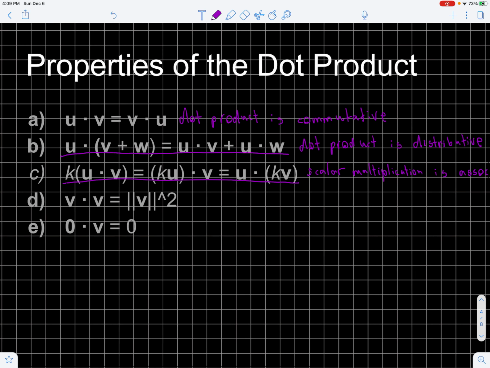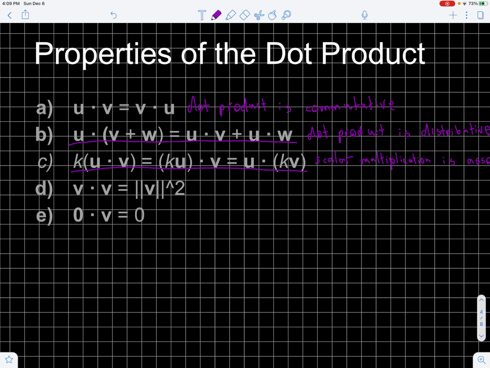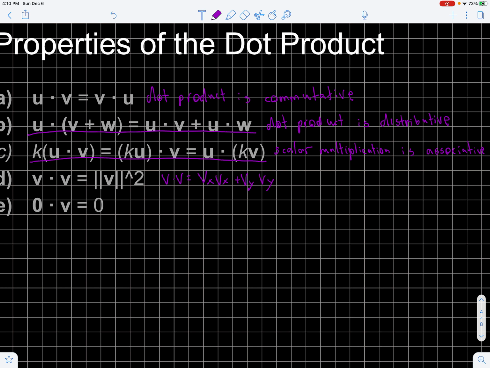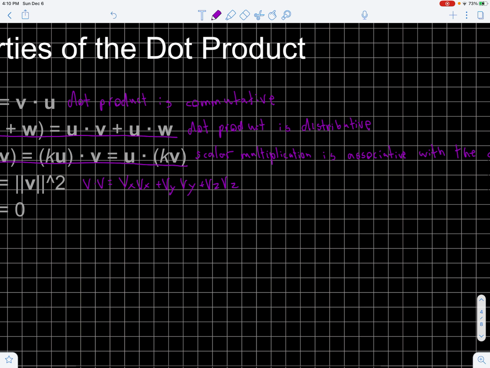All right, v dot v equals the norm of v squared. It's pretty straightforward. V dot v equals vx plus vy plus vz. I know I said I would omit proofs, but I think this one is easy enough.